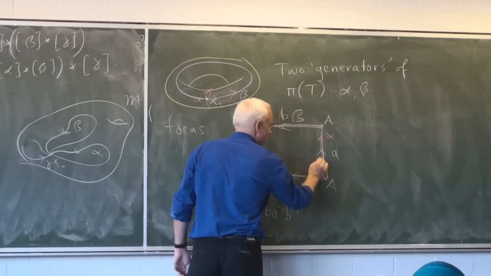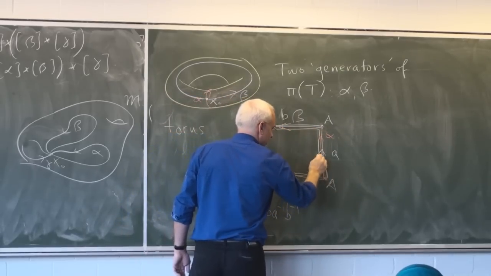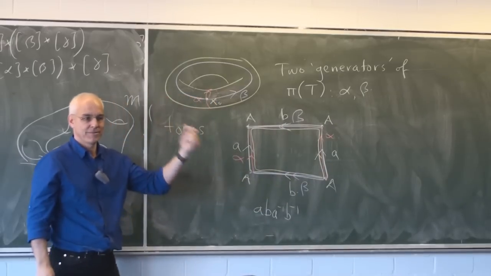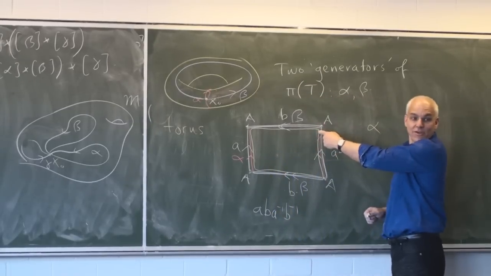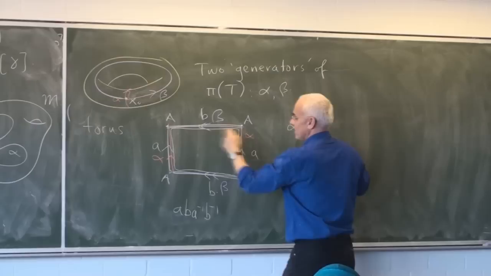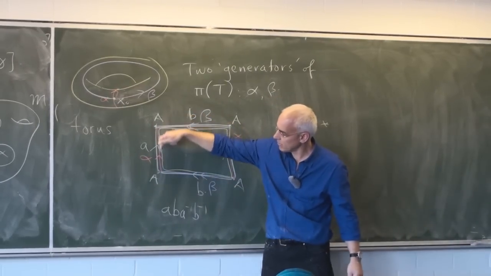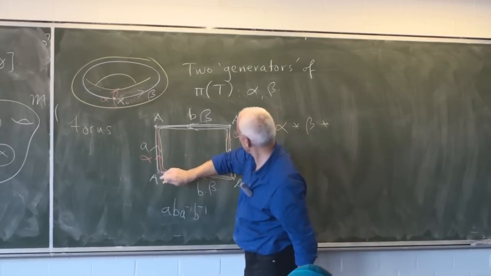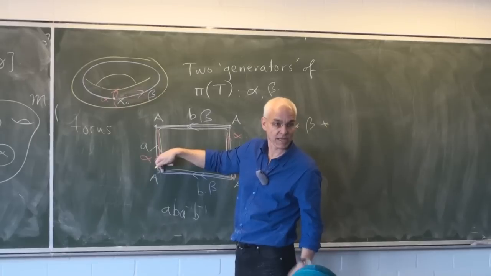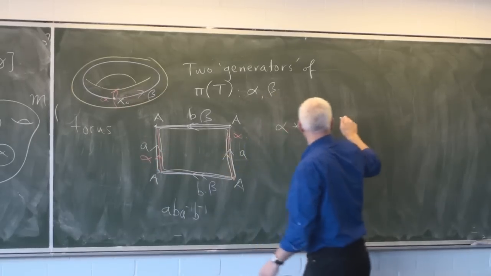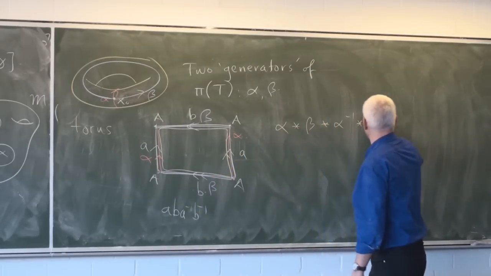If we start here and we go along here, and then along here, and then along here, and then along here. One path. What's that path? Well, that's going to be alpha, because that's what we did first, followed by beta, followed by alpha inverse, because it's alpha in the opposite direction. That's what we call the inverse. So times alpha inverse times, and then this one part here is beta inverse.